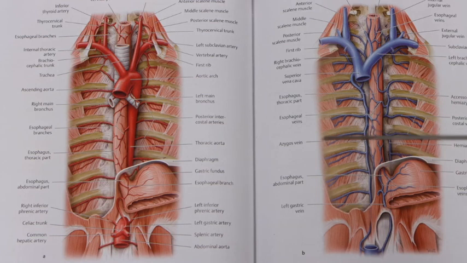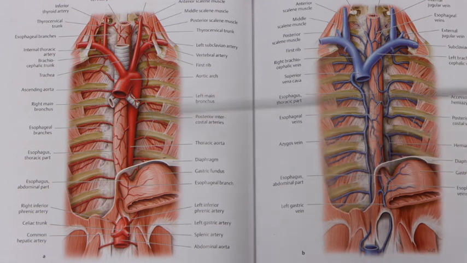Regarding the branches of the aorta, we subdivide them into two main groups. One is the visceral branches, which supply the organs, and the other is the parietal branches, which basically do not supply the organs.